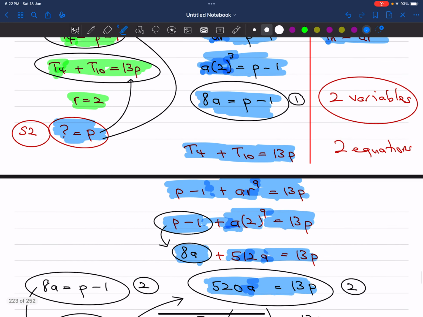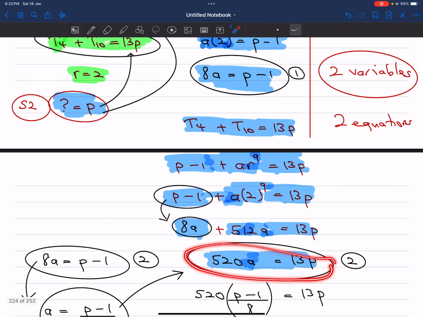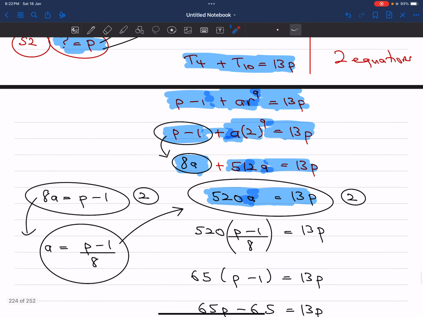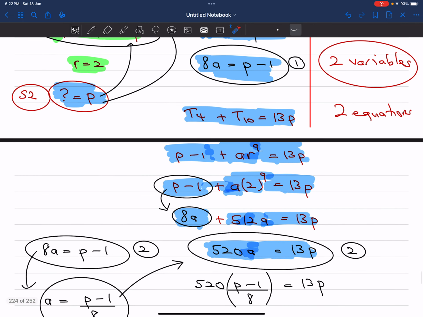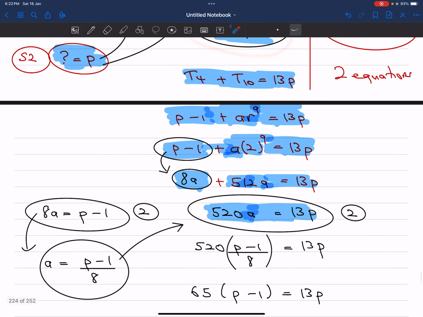So we have our first equation and our second equation, two equations. Now, to solve, I'm going to choose the easier equation, 8A equals P minus 1, and I'm going to make A the subject. Why am I making A the subject?